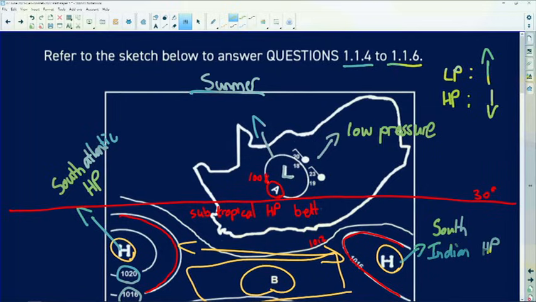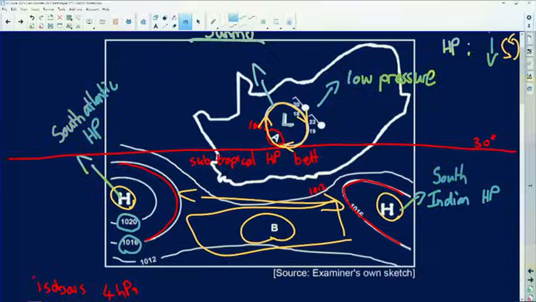Another characteristic of a low pressure system is that in the southern hemisphere, we have clockwise circulation of air. High pressure systems have anti-clockwise circulation of air. So if we look at this low pressure system over here, we have clockwise circulation of air. So that answers our first question.